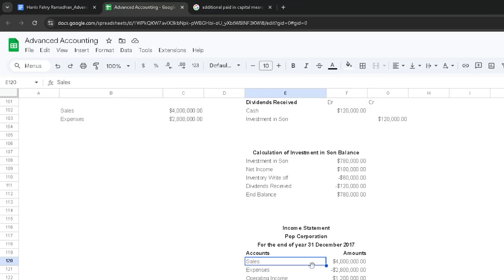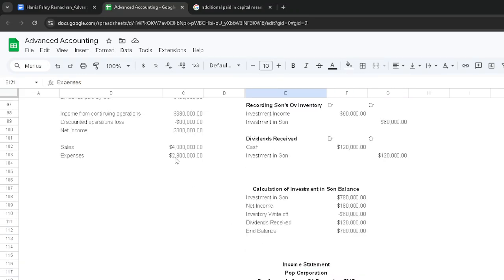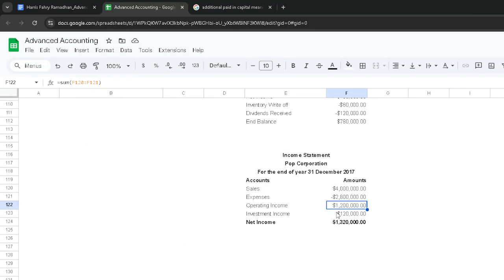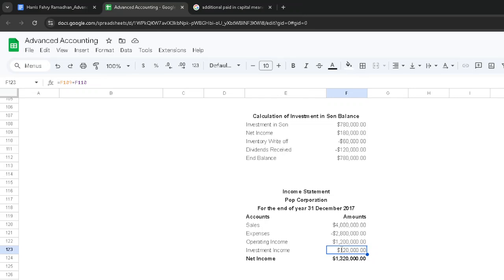So we want to include sales and expenses, like before, and from here we can just find the operating income, right? And because of our investment, we also want to do something with this operating income. This is not final, there is something more, and we get this from the investment income. What is investment income, if you're asking? It is the income that we get out of the investment.